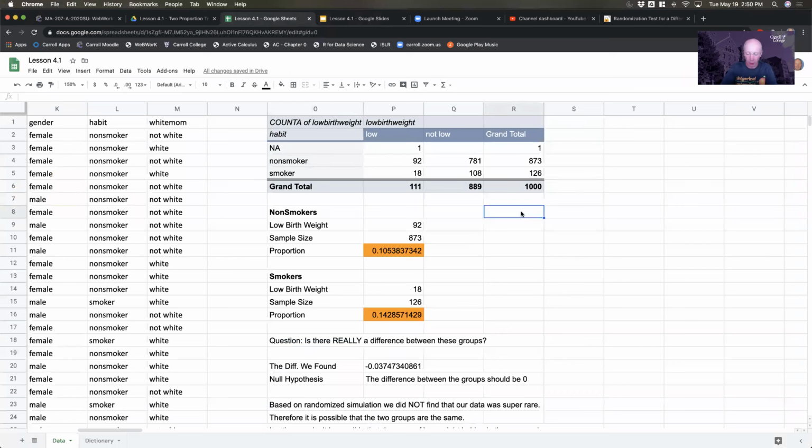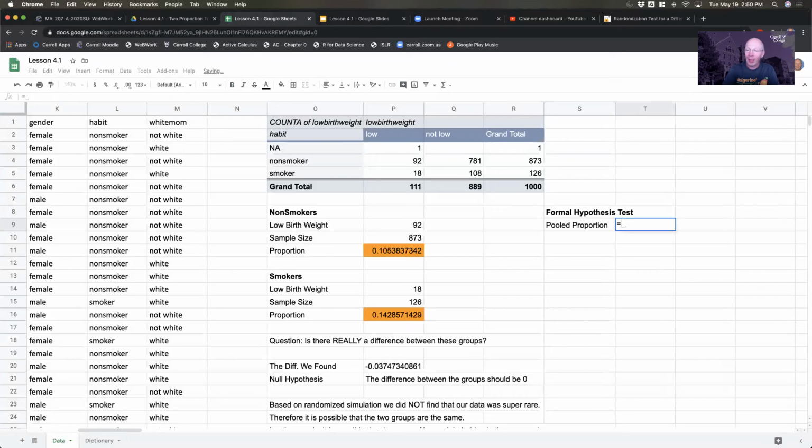I'm going to come over here and build my formal hypothesis test. The very first thing I need is my pooled proportion. The pooled proportion, again, imagines that we have both groups thrown together.